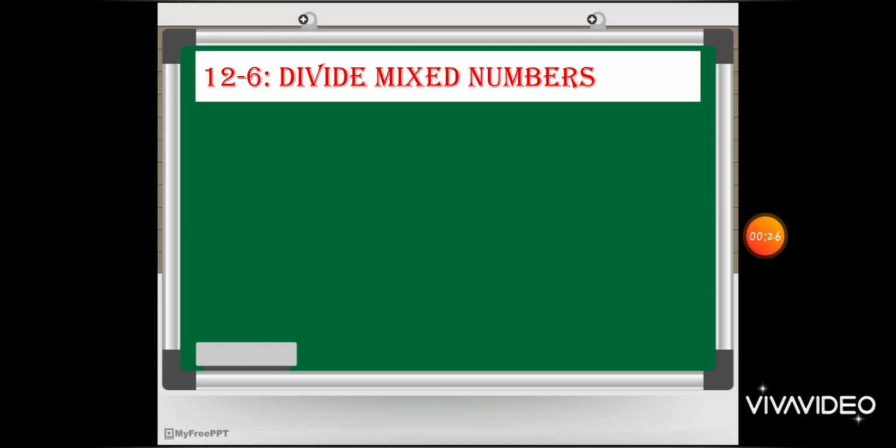Very good, that is 5/2. Now, how about our second objective? That is finding the quotient of mixed numbers. Very good. This is just like that of dividing fractions. As long as you are able to change mixed numbers into improper fractions, you are going to multiply it, just like that of fractions. Okay?